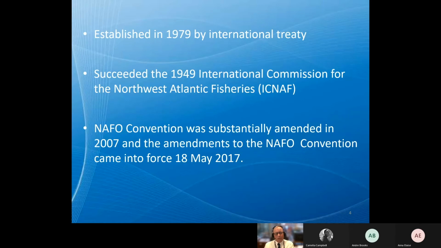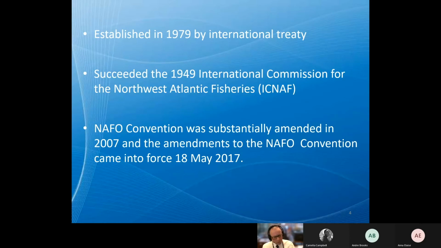NAFO was established over 40 years ago in 1979 by an international treaty. But it succeeded its predecessor organization, ICNAF, which was formed in 1949. So NAFO is over 70 years old. And the NAFO convention was substantially amended in 2007.